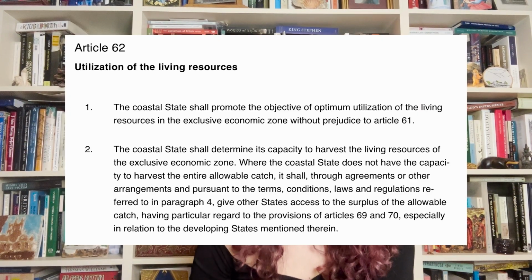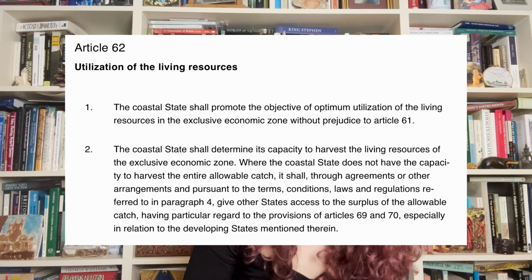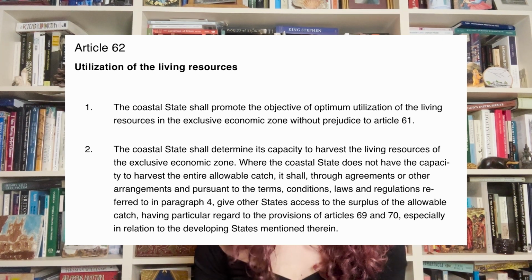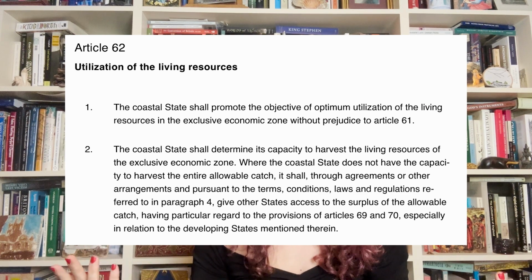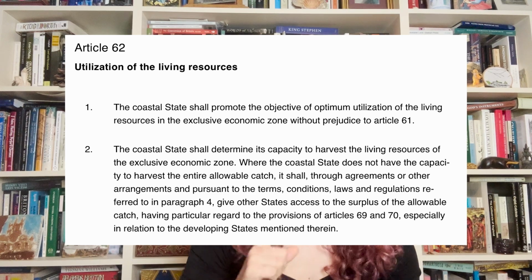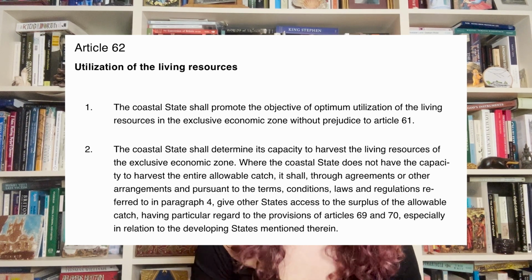In one sense, though, exclusive is a little bit misleading. So if you look to Article 62.2, this provides that if a state is technologically unable to fully exploit their EEZ, so maybe they don't have the capacity to fish as many fish as the actual natural resources would permit, it shall allow other countries to do so, making suitable arrangements and charging appropriate fees.